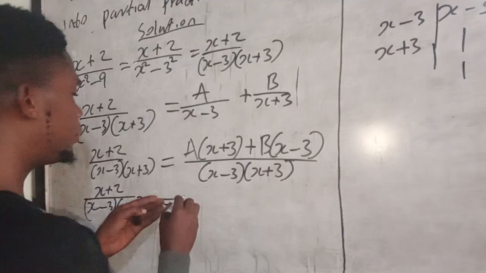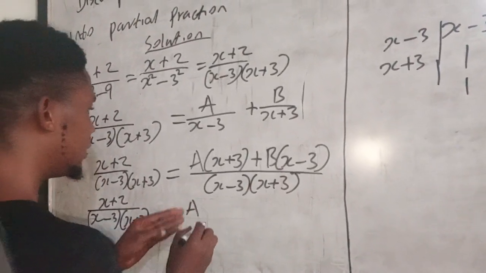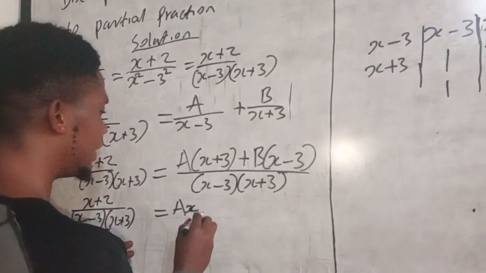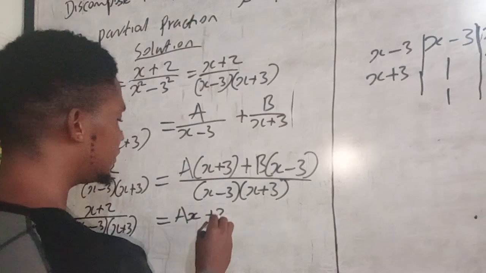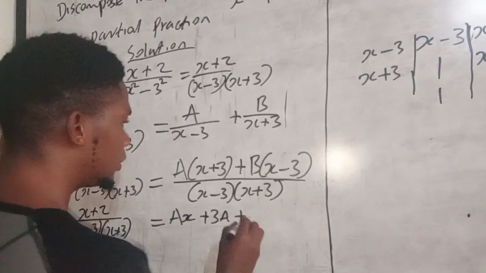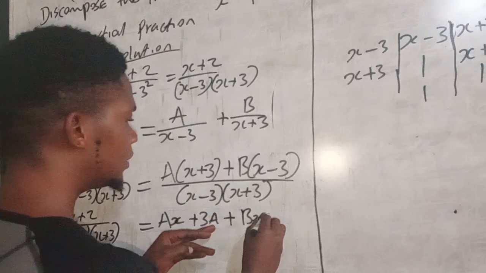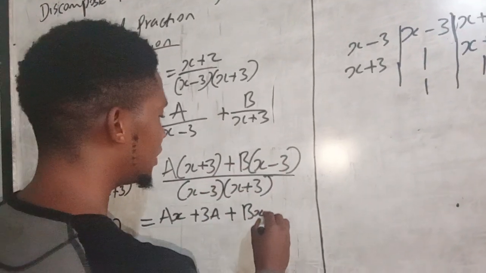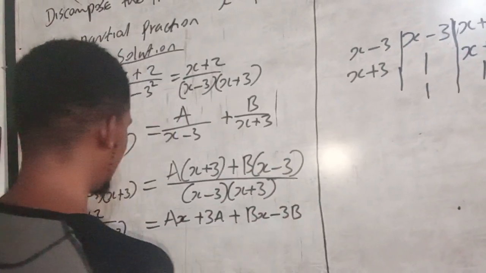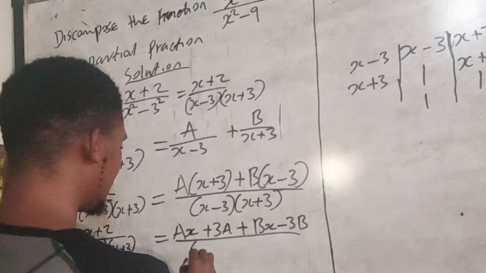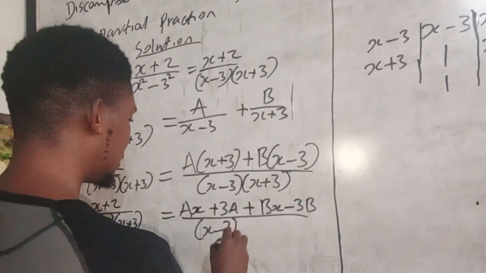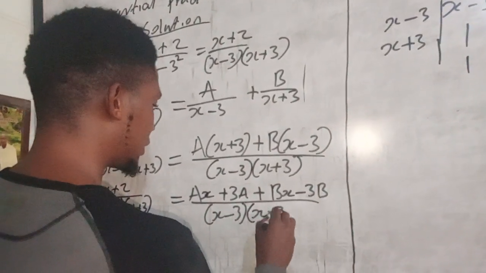Now we open it: A times x will give Ax, plus A times 3 will give 3A, plus B times x will give Bx, then B times minus 3 will give minus 3B, all over x minus 3 then x plus 3.